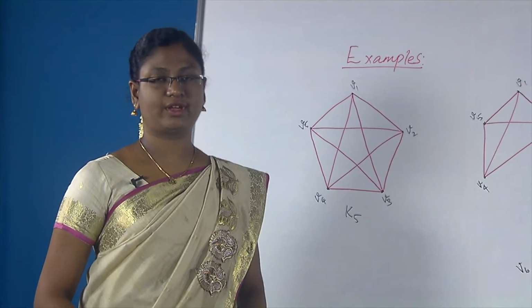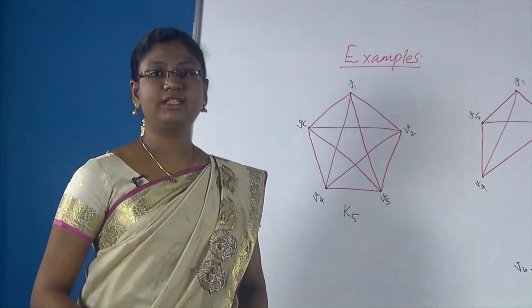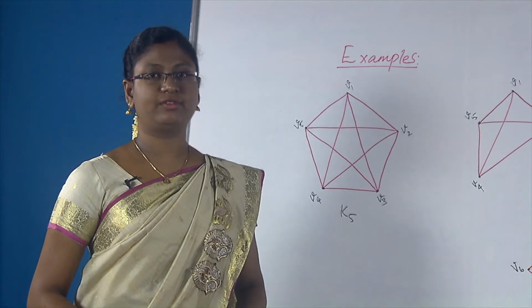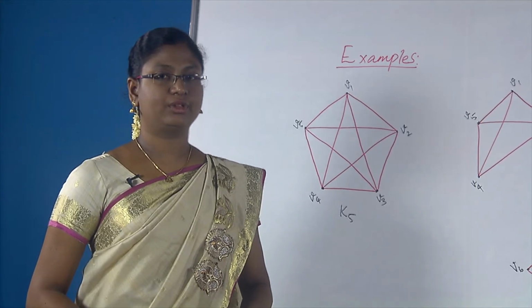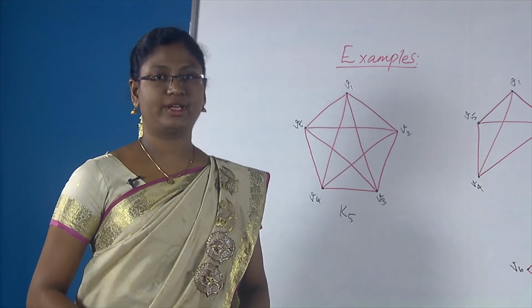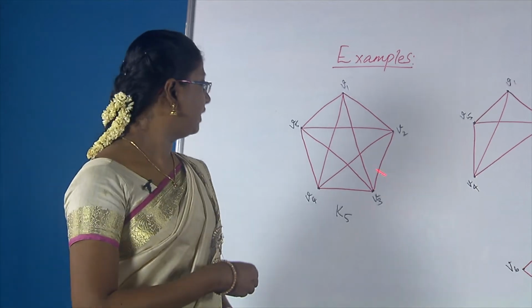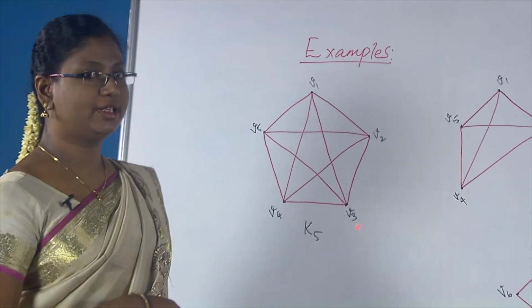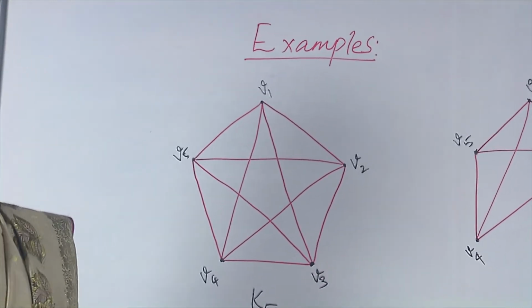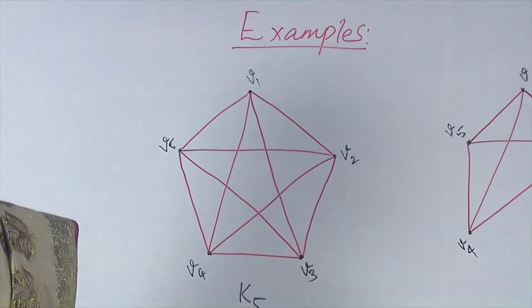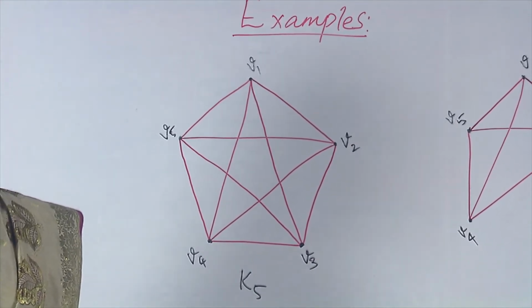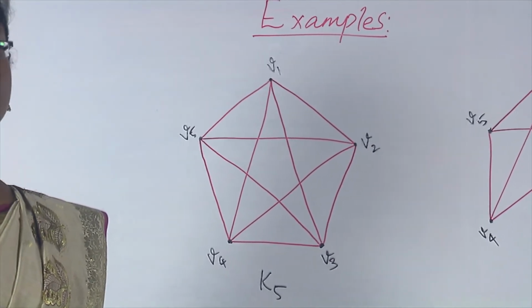Now we are going to find the connectivity, that is the vertex connectivity, of the complete graph with 5 points, K5. As we have already seen, vertex connectivity is the minimum number of vertices whose removal results in a disconnected graph.